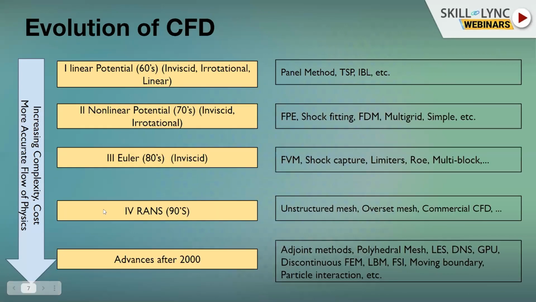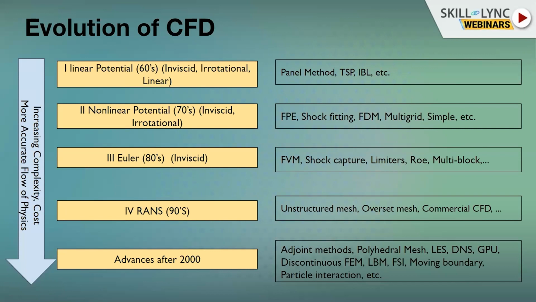So yeah, okay. The first one is in the 60s. People tried to solve the linear potential equation based on the computational resources available, and they are linear equations. Potential means inviscid irrotational equations. So what are those methods typically?